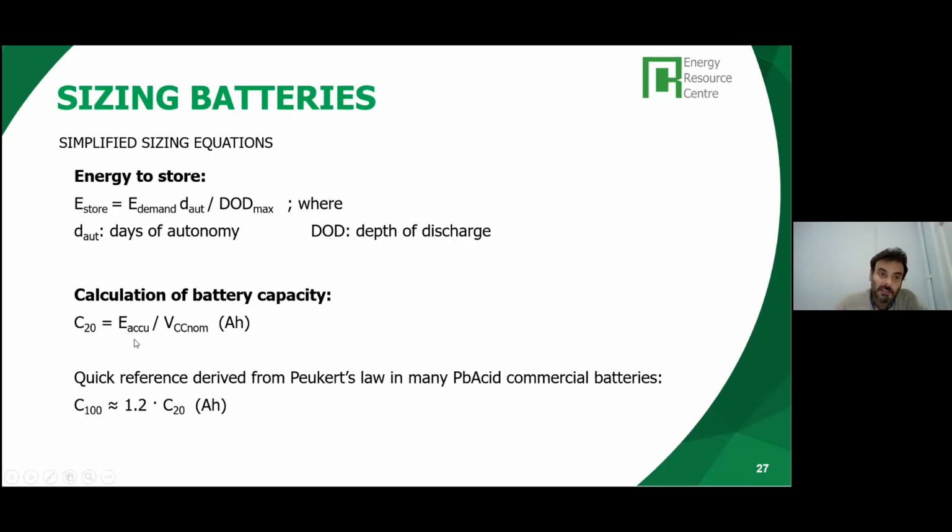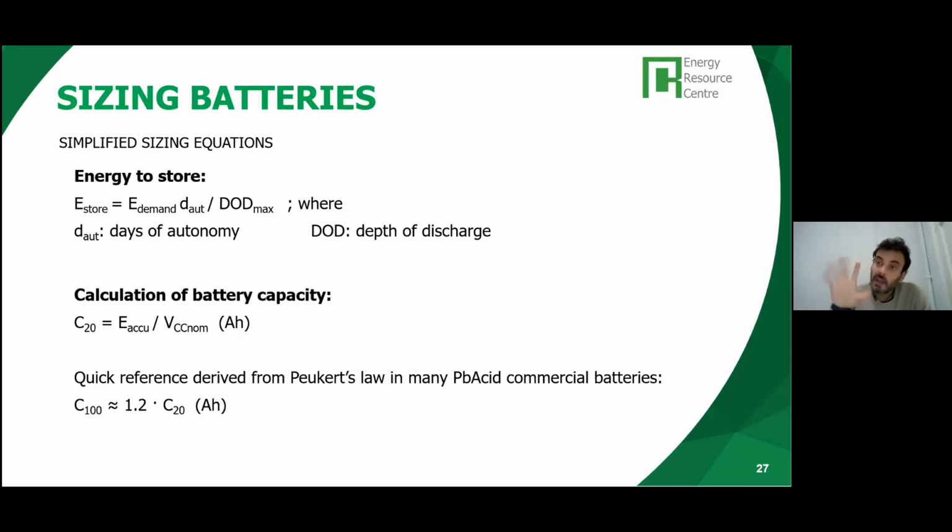Now, for the capacity, we need to relate the energy stored in the battery with the voltage at which this battery will be working. Typically rated voltages for batteries are 12 volts, 24, 48, in DC. And then that will be the capacity at 20 hours of discharge, because that's more or less a daily cycle.